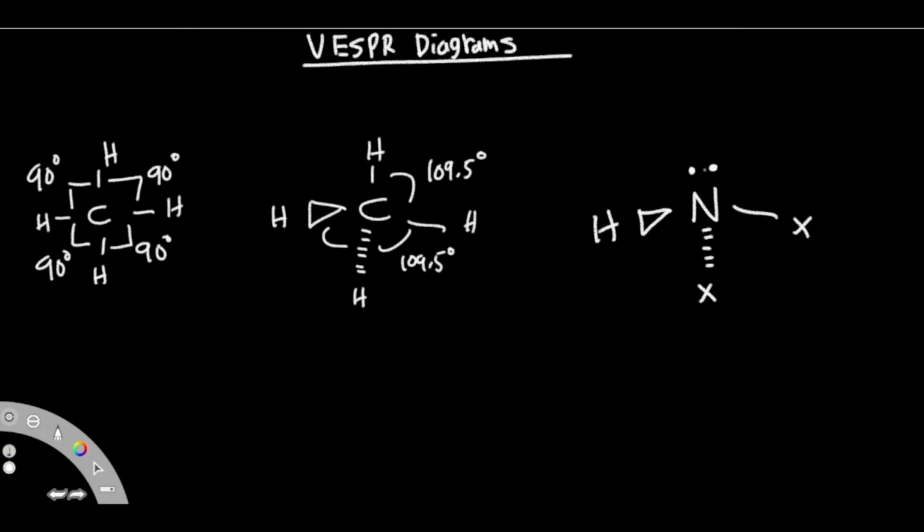Because this one repels more, as you can see, I've oriented it down a little bit this way, and this one a little bit that way, as opposed to like here and like here. This means then rather than 109.5 degrees, it's going to be smaller. So it's actually going to be 107.3 degrees.